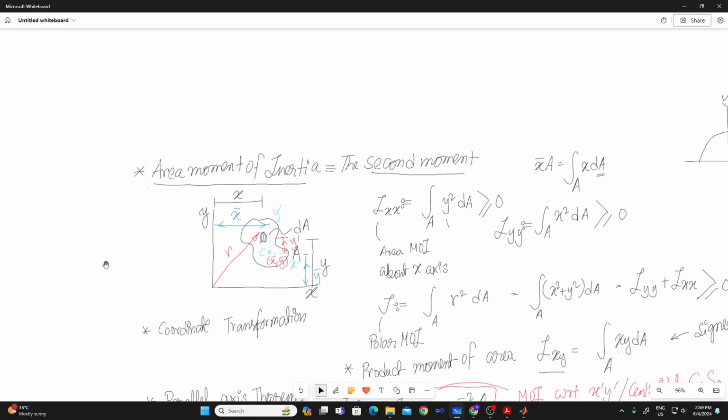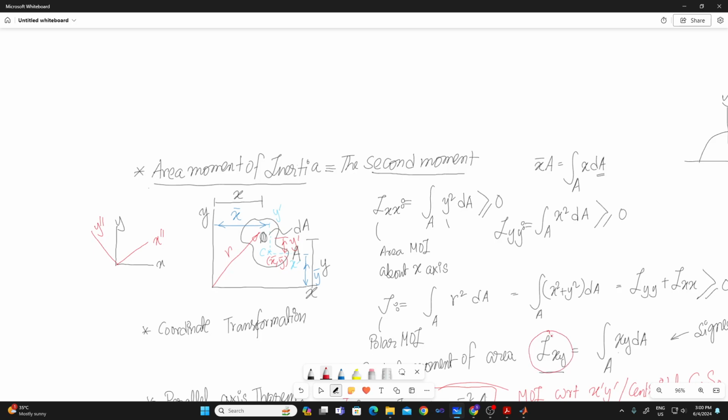You might also encounter a set of coordinate systems which look like this. So this may be your x and y coordinate system, and this may be your x double prime and y double prime coordinate system. And if you wish to evaluate moments of inertia in this rotated coordinate system, you will need the help of this quantity.